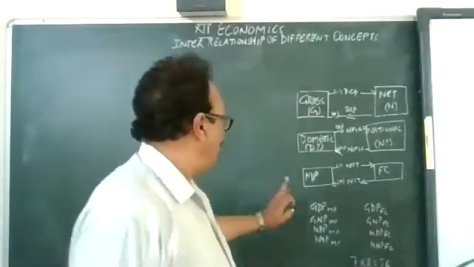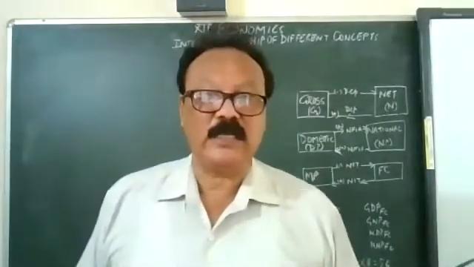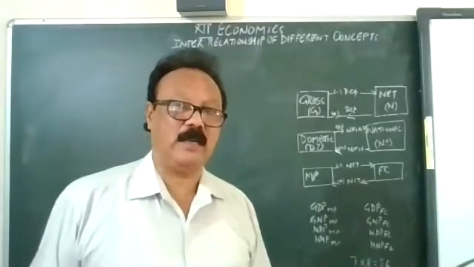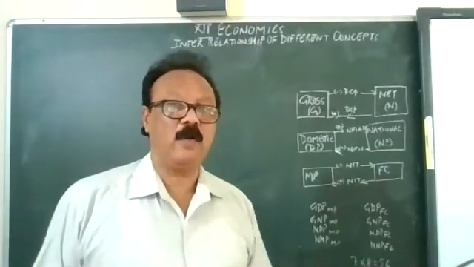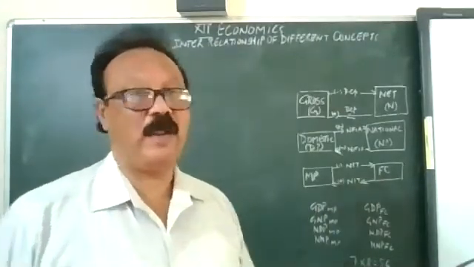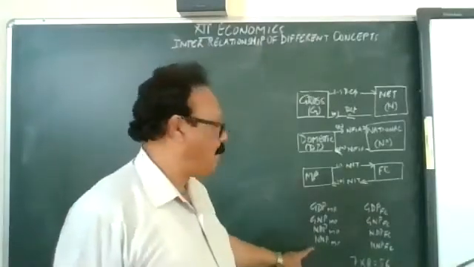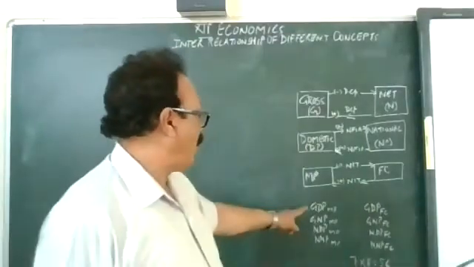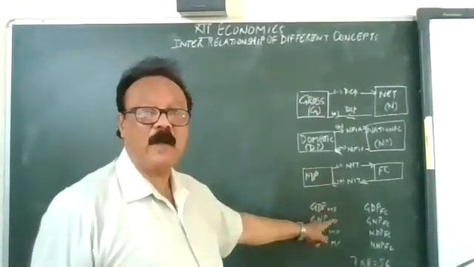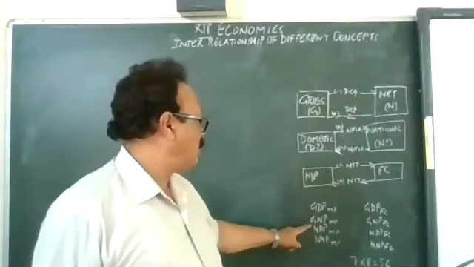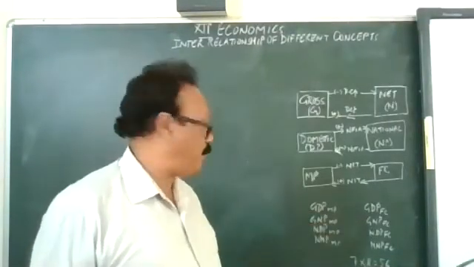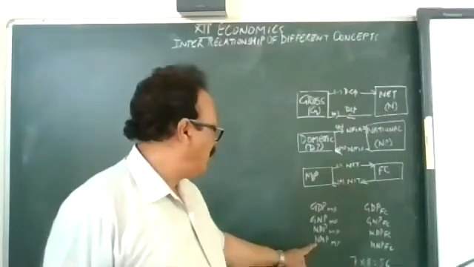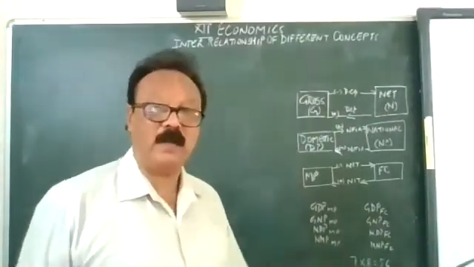We also discussed in yesterday's class that there are many aggregates, but in our syllabus we only have to calculate 8 aggregates, 4 in the market price and 4 in the factor cost. Which are the 4? Gross domestic product at market price, gross national product at market price, net domestic product at market price, net national product at market price.